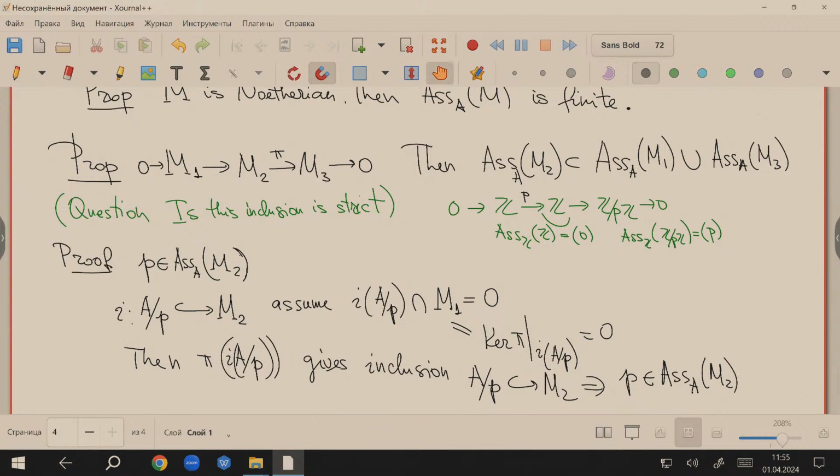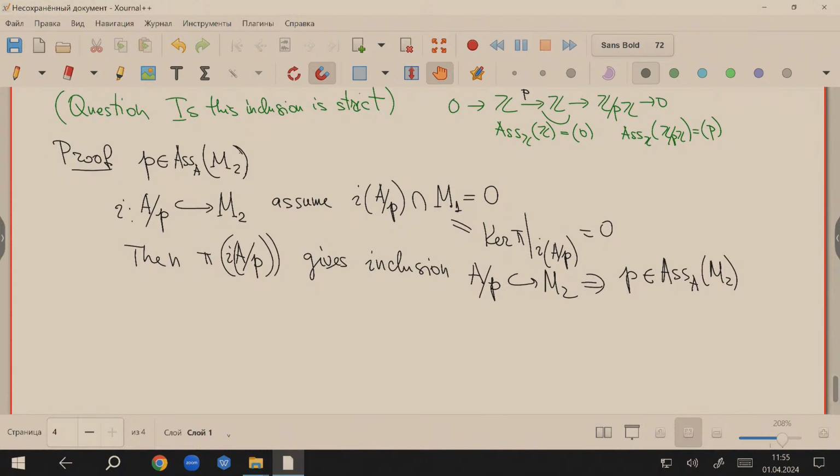But otherwise, you have non-empty intersection. And notice what property does it have?